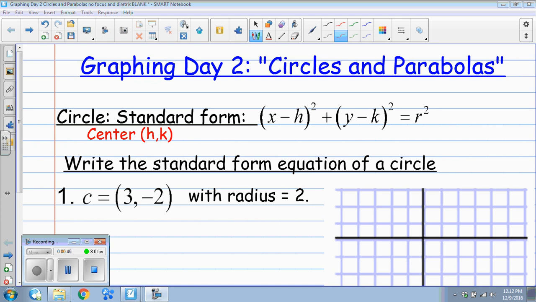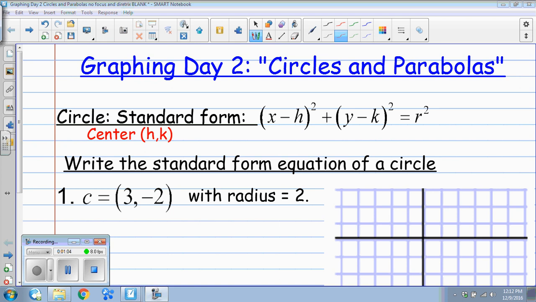So the standard form of a circle is (x minus h) squared plus (y minus k) squared equals the radius squared. h and k represent your center, and they also represent the horizontal and vertical shifts, how that circle is transformed, right?